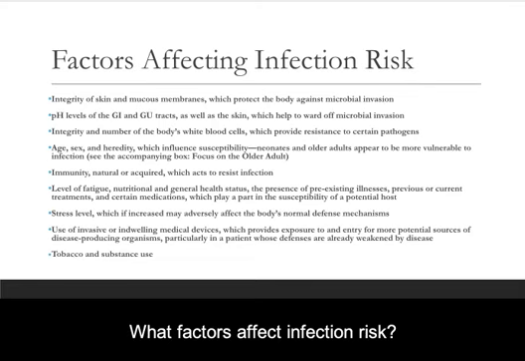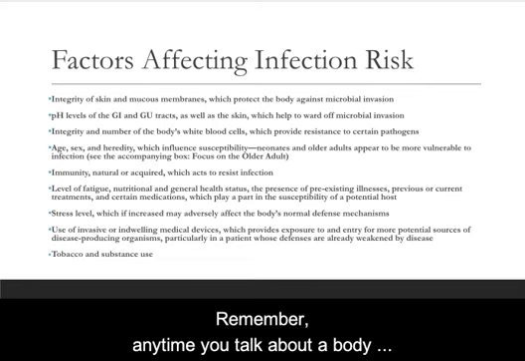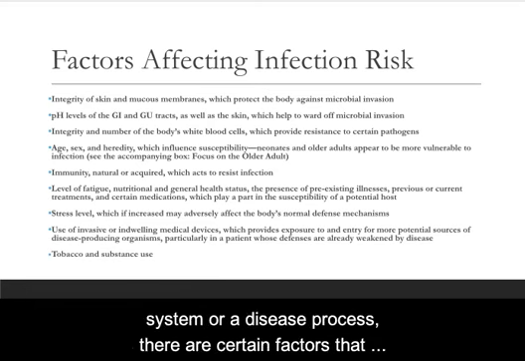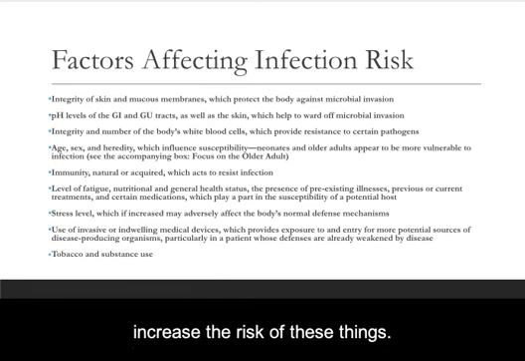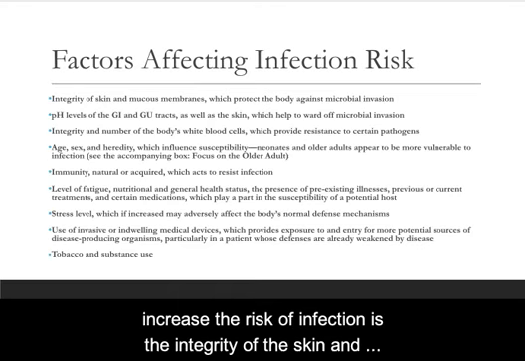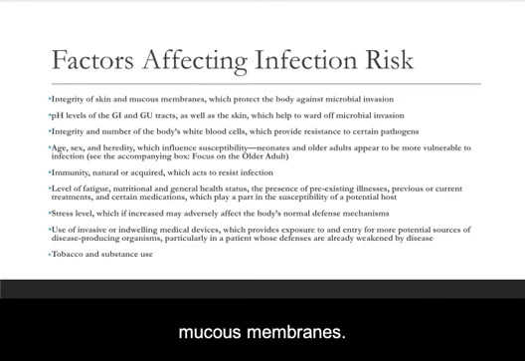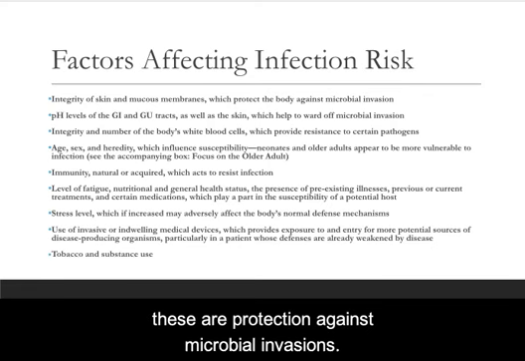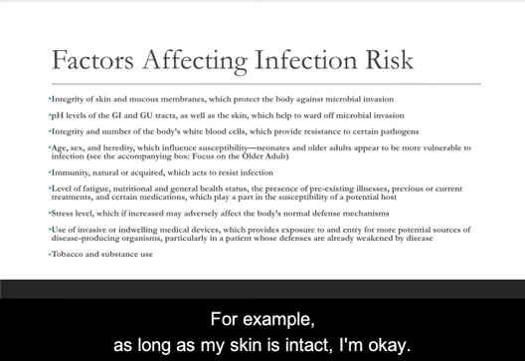What factors affect infection risk? Remember, anytime you talk about a body system or a disease process, there are certain factors that increase the risk of these things. So what factors increase the risk of infection? The integrity of the skin and mucous membranes, because remember, these are protection against microbial invasions. For example, as long as my skin is intact, I'm okay.